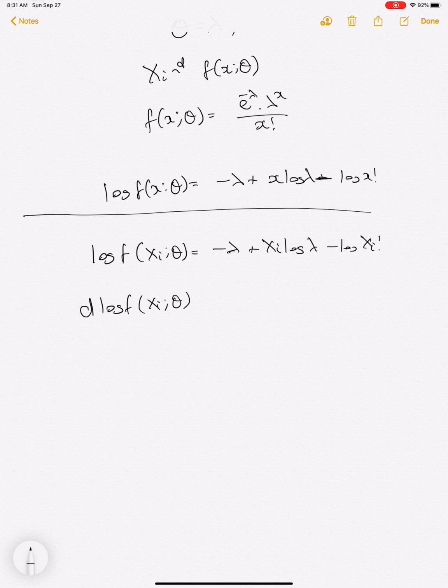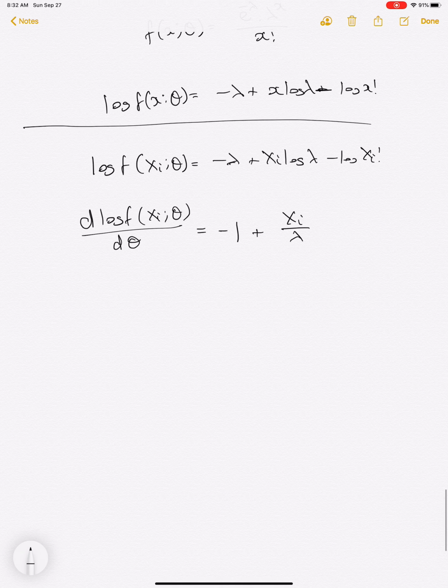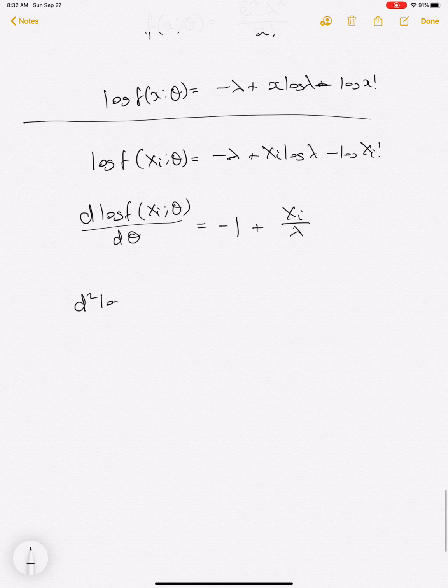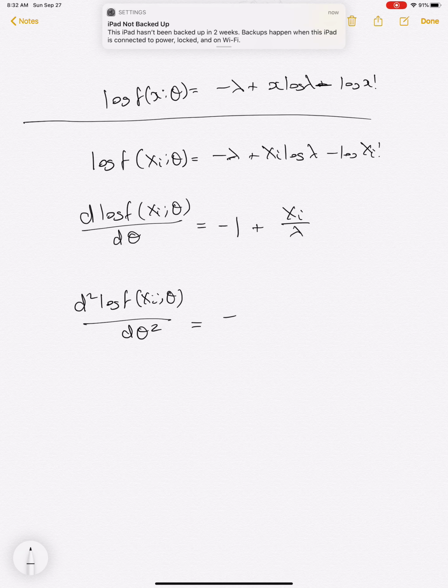If we do it once, it's negative 1 plus x_i over lambda. And then if you take the derivative again, the negative 1 disappears and we just get negative x_i over lambda squared.